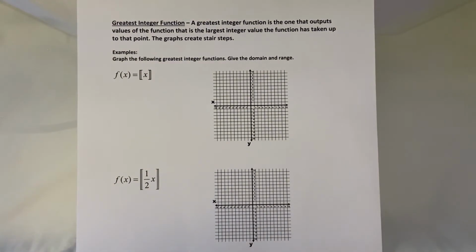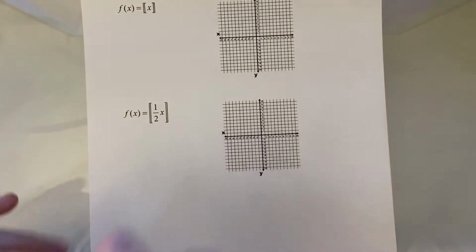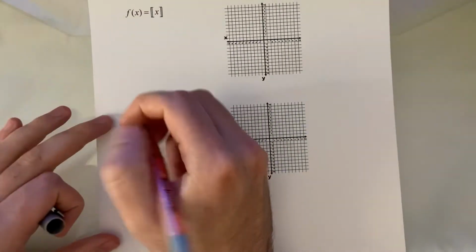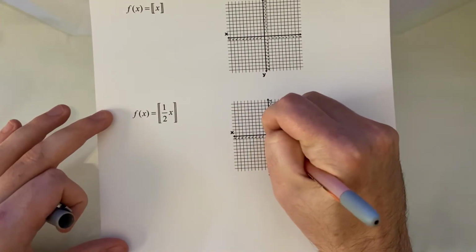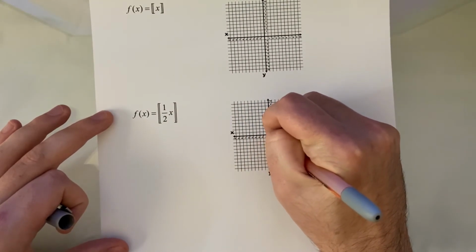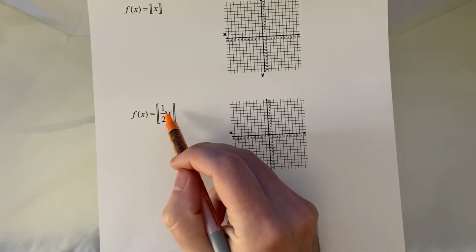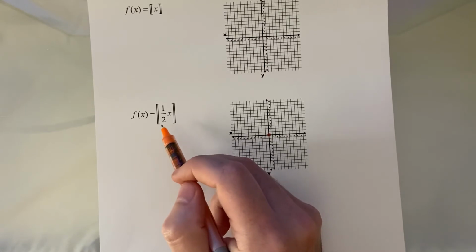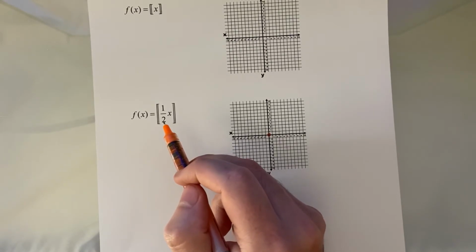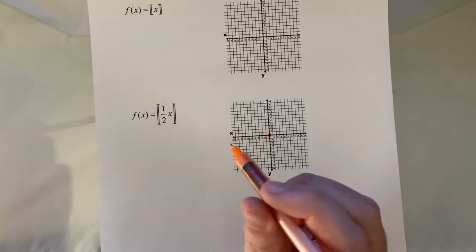So what does it look like? I think it's easier to see what it looks like with f of x equals 1/2 x. So we know when we plug in 0, we get 0, which is an integer. But what happens when we plug in 1? What's 1/2 of 1? It's 1/2. What's the biggest value, whole number, integer, under that 1/2?